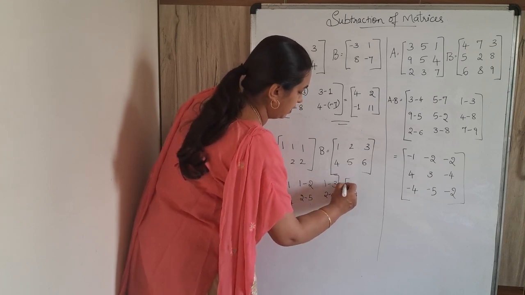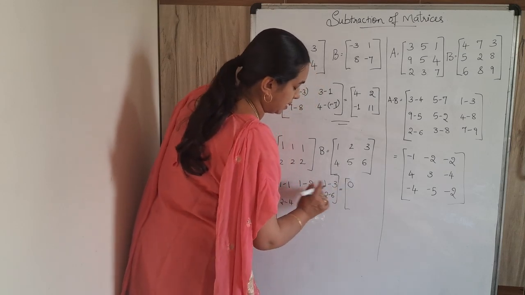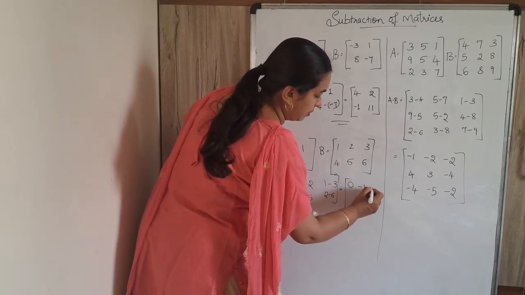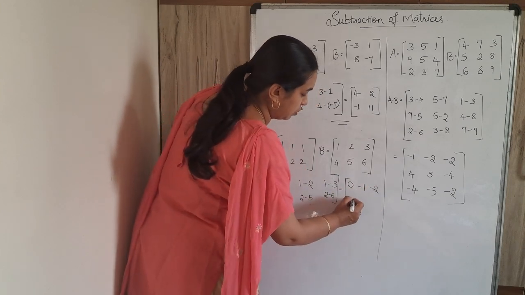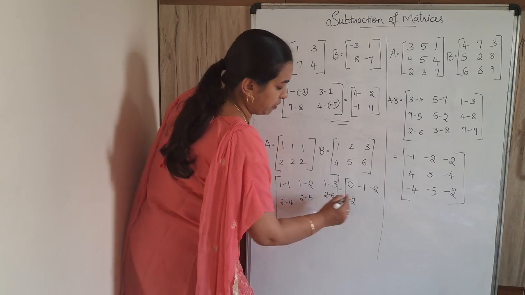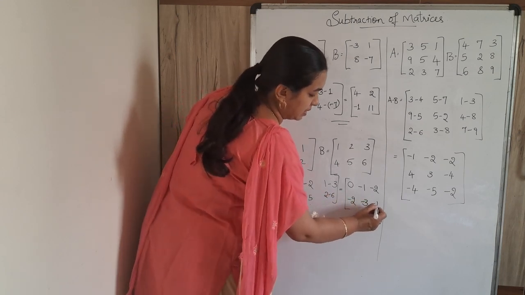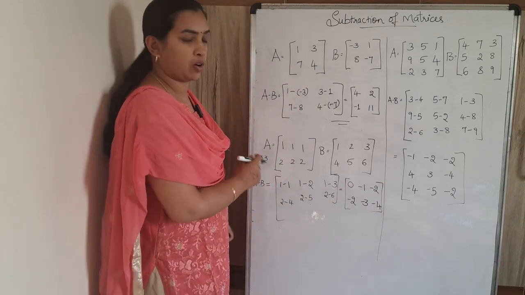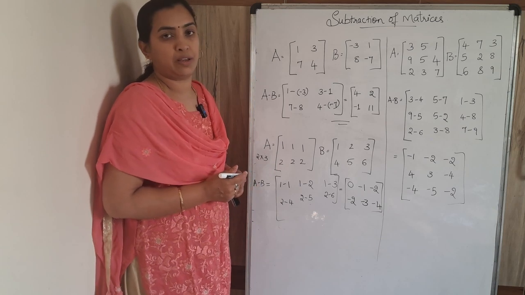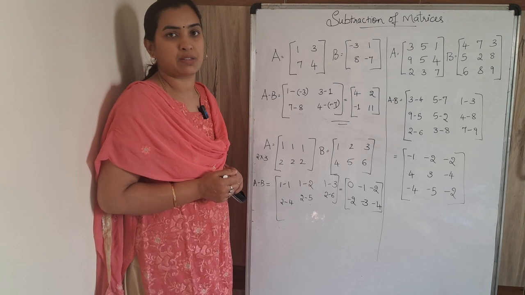Which will be equal to 1 minus 1 is 0, 1 minus 2 is minus 1, 1 minus 3 is minus 2, 2 minus 4 is minus 2, 2 minus 5 is minus 3, and 2 minus 6 is minus 4. See, the resultant matrix is also of the order 2 cross 3. Okay, this is how we perform subtraction with the matrices.